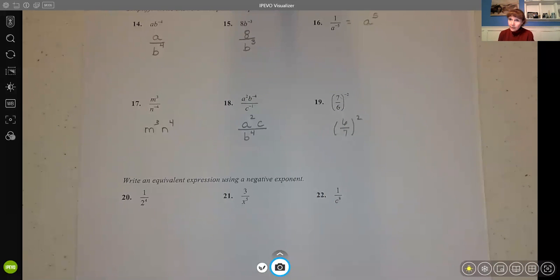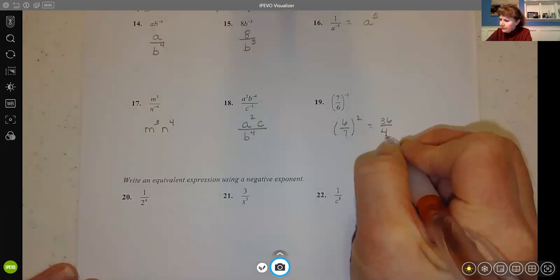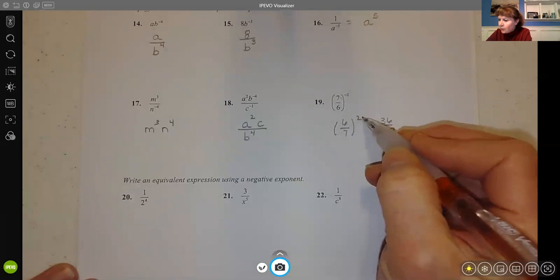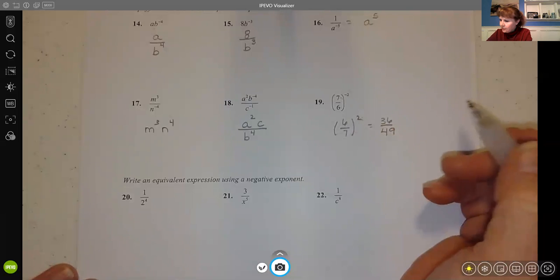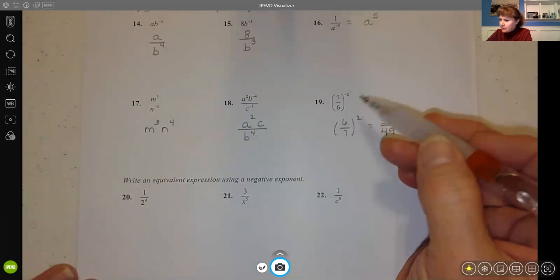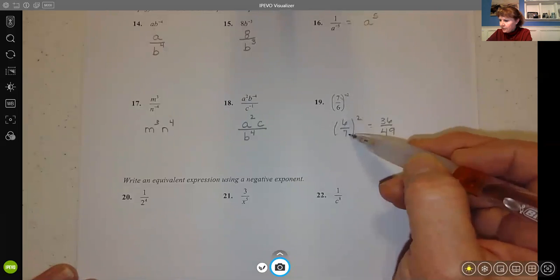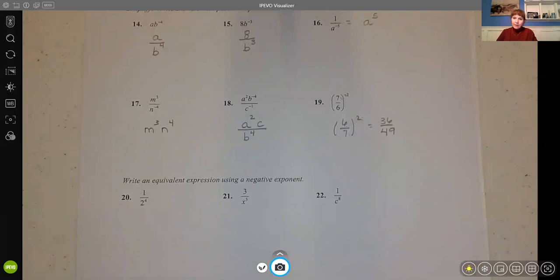And now you square what's in the parentheses. So this will become 36 over 49. And again, resist the temptation to make that 12 over 14. Try not to do that. So you get 36 over 49 as your answer. So you took the reciprocal, you flipped it, both of them, 7 underneath, 6 in the numerator, and then I squared them after I took care of the negatives.